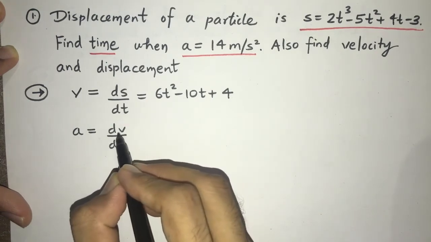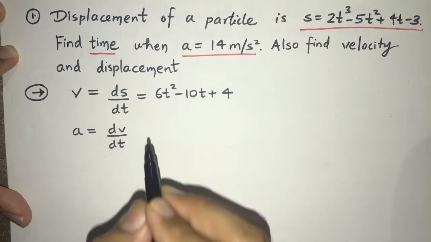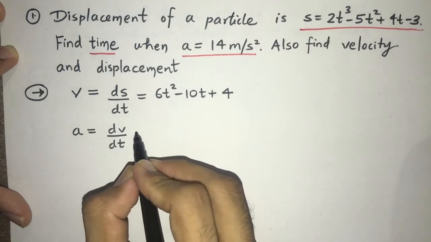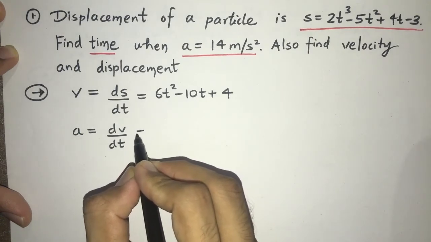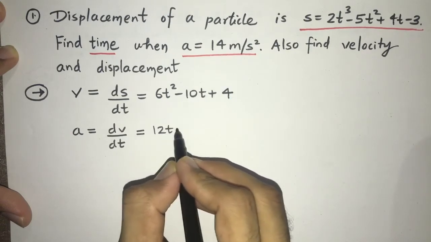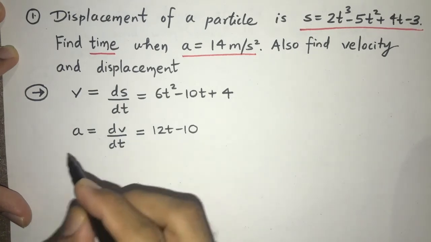That is the rate of change of velocity with respect to time. Instantaneous acceleration will be 12t minus 10. That is the double derivative of displacement.